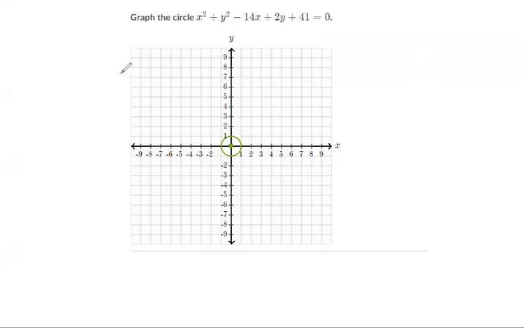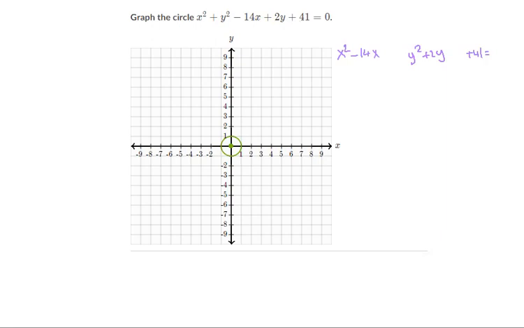Okay, so we have another one. Let's complete the square first. To do so, we want to combine the like terms together. So we have x squared minus 14x, and I'm going to leave some space, y squared plus 2y, and then plus 41.